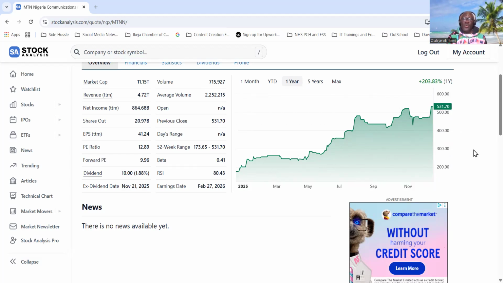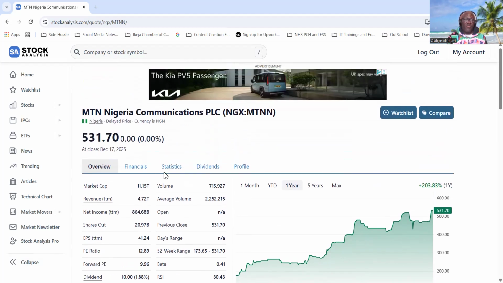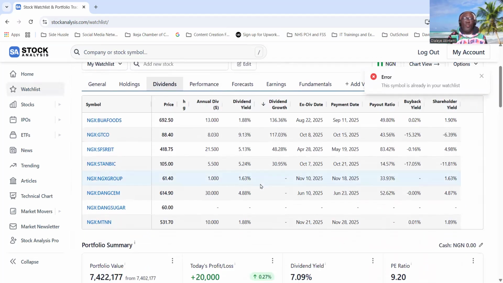To be honest with you, 2025 has been a bullish run in the stock market in Nigeria. But the most important thing you have to bear in mind is that you make sure you don't put all your eggs in one basket.